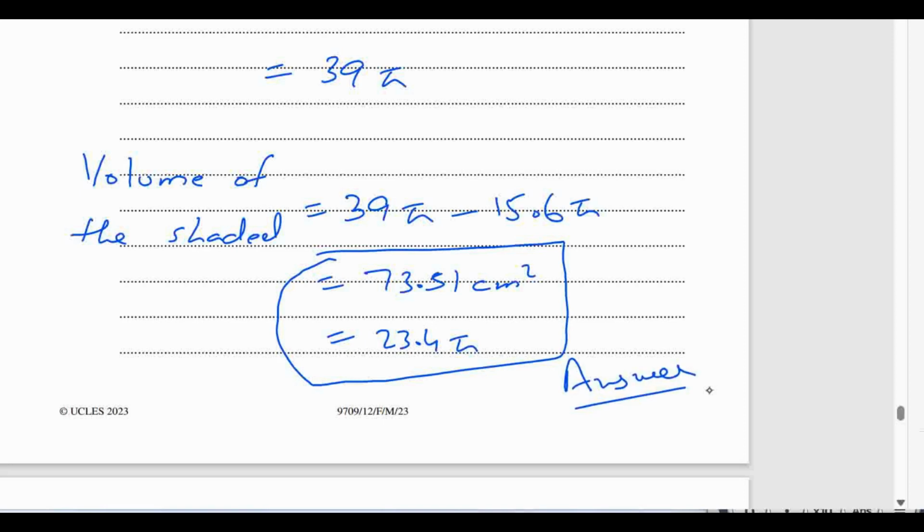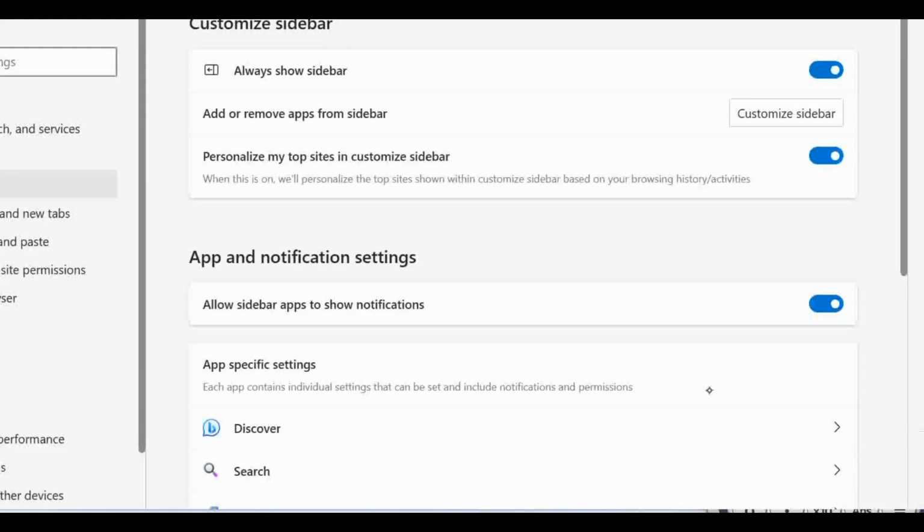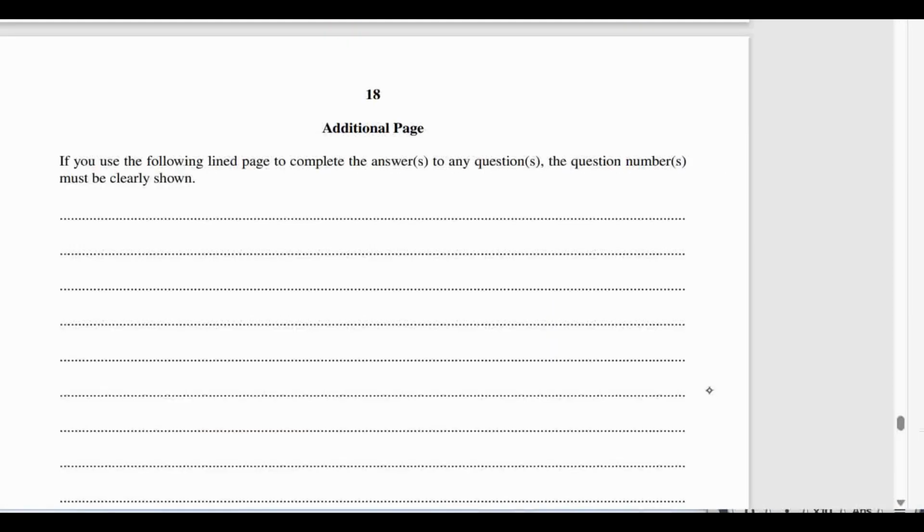I hope that the concept is clear. What we have discussed today is the paper February March 2023, paper 1-2.